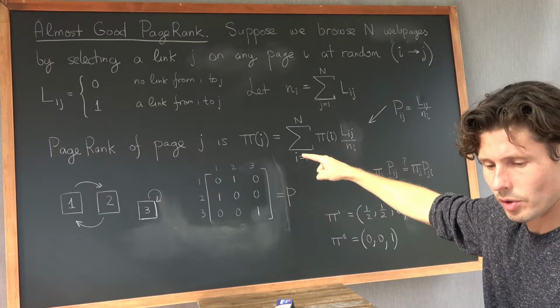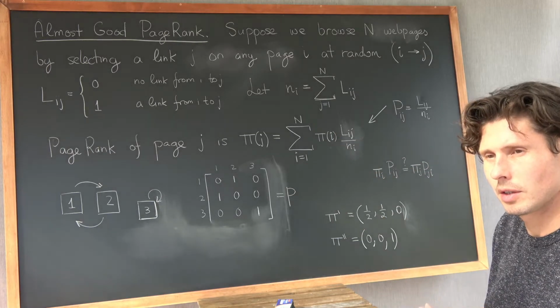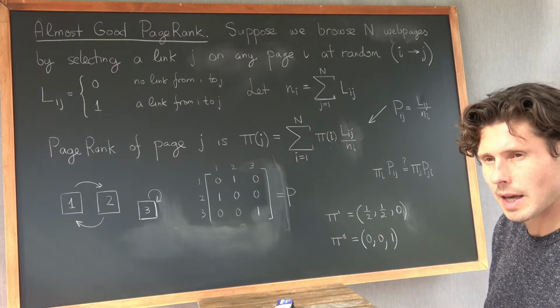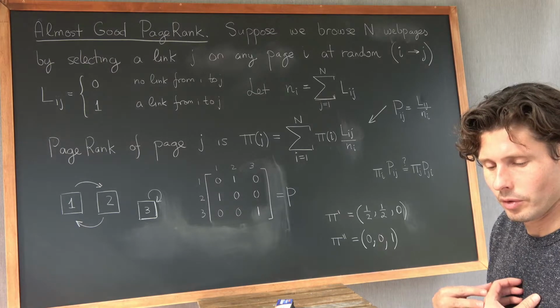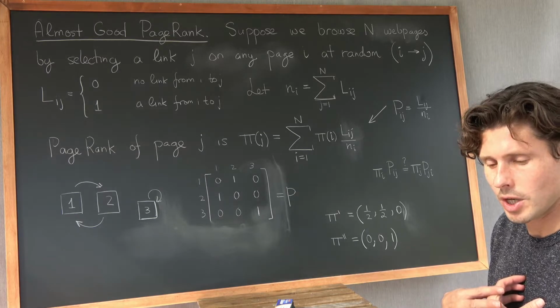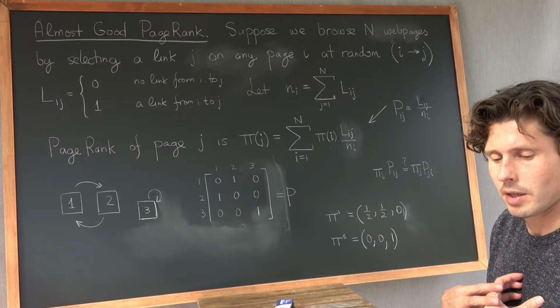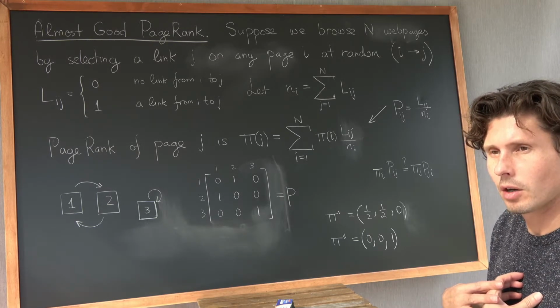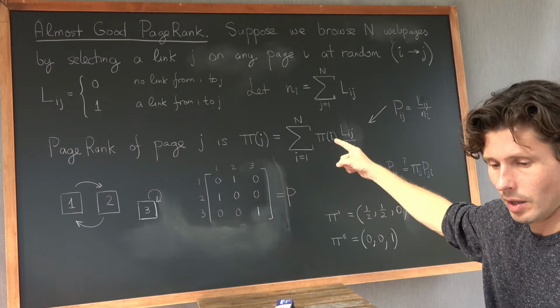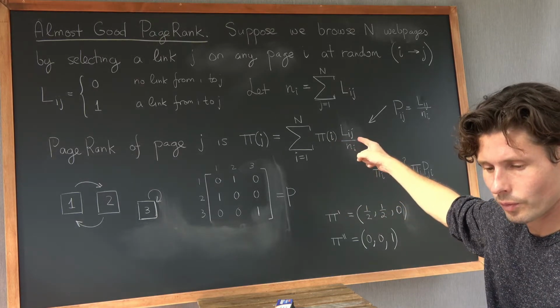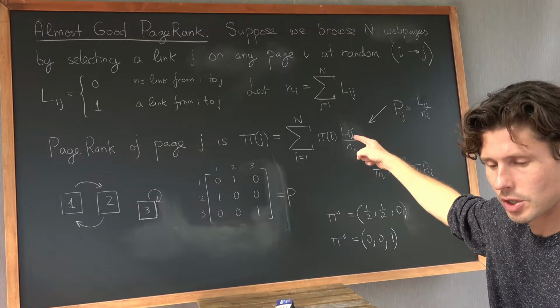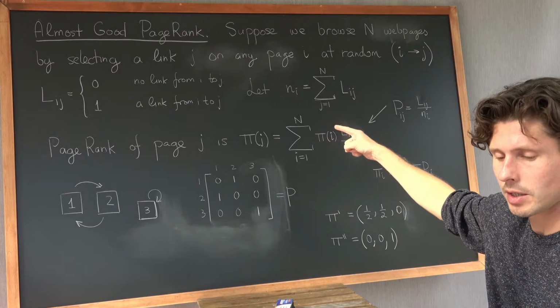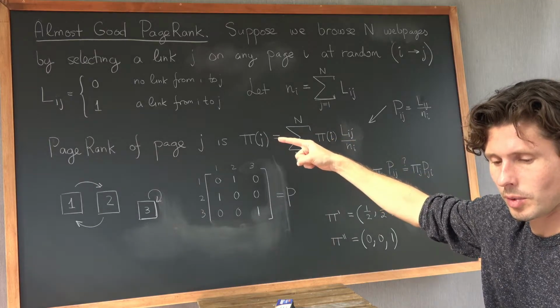The idea you're seeing here is that if you're running web page j, your PageRank is going to be high when a lot of high-ranking web pages link to you. So the pages i linking to your page j, when their PageRank is high, your PageRank is going to be high.